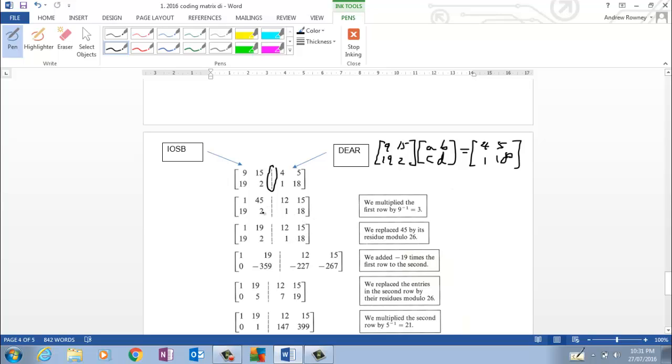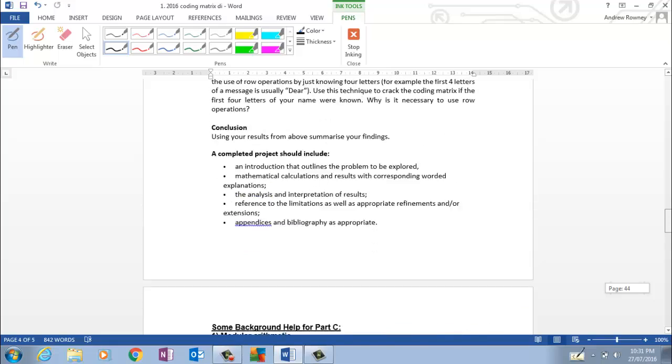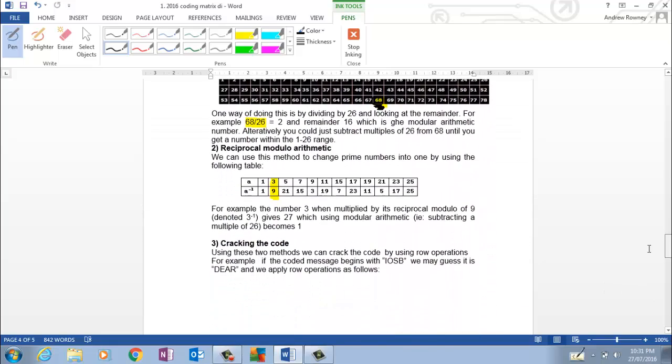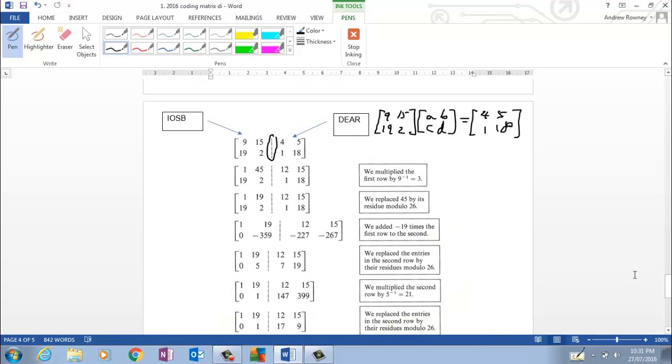So the first thing we do is we'll get the 9 to a 1. Remember, to get something to a 1, we can use this reciprocal modulo technique. If we look up here, 9, we're going to multiply by the 3. So if you times 9 by 3, you'll get 27, which is equivalent to 1.